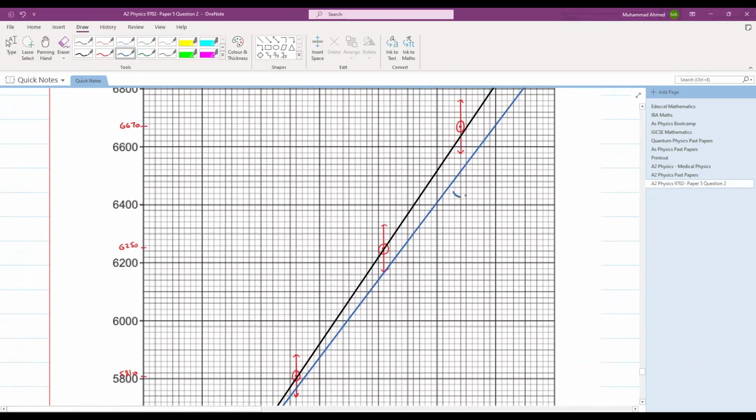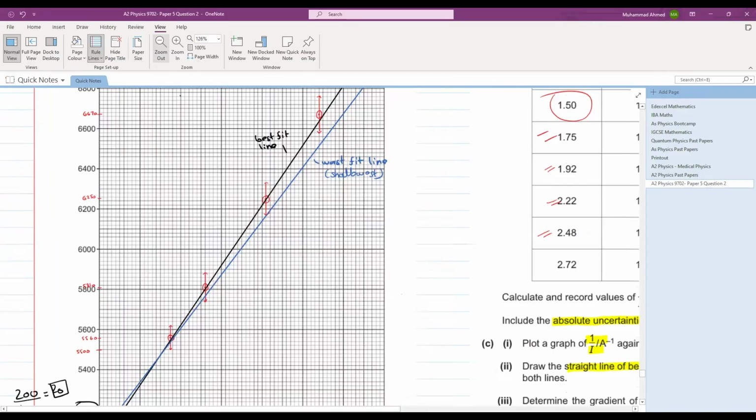This is your worst fit line. Also in the examination, make sure that you label it as well. This is your best fit line. Perfect. Also, you can write that this is the shallowest worst fit line.